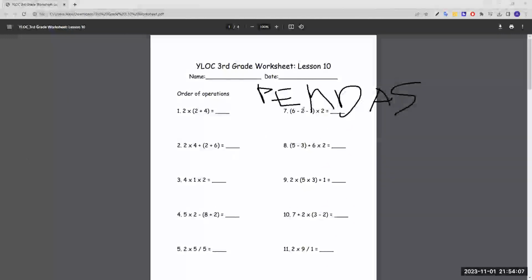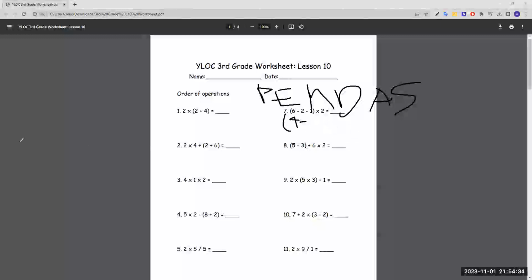Now, number seven, 6 times parentheses 2 minus 1 times 2. So everything in the parentheses, we can just subtract. So that would be 4 minus 1 times 2. And then we do that one again, which would be 3 times 2. And that would be 6.